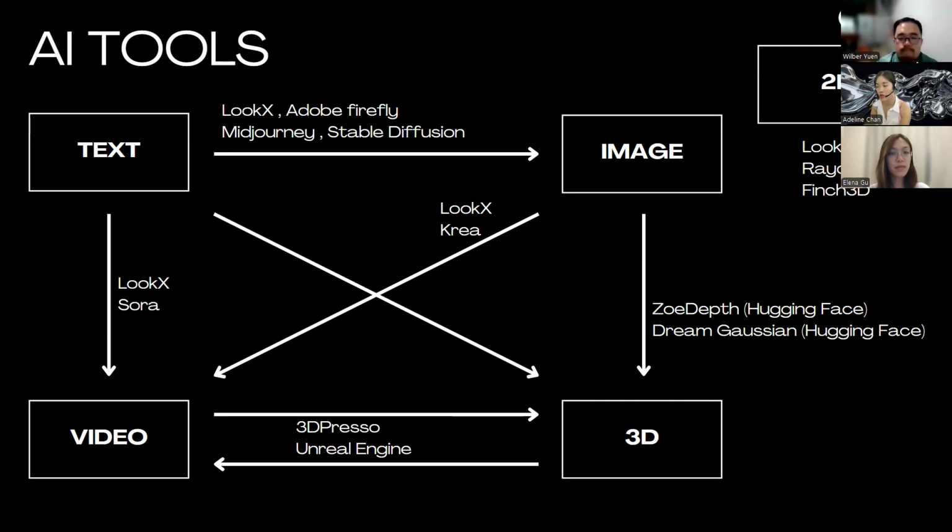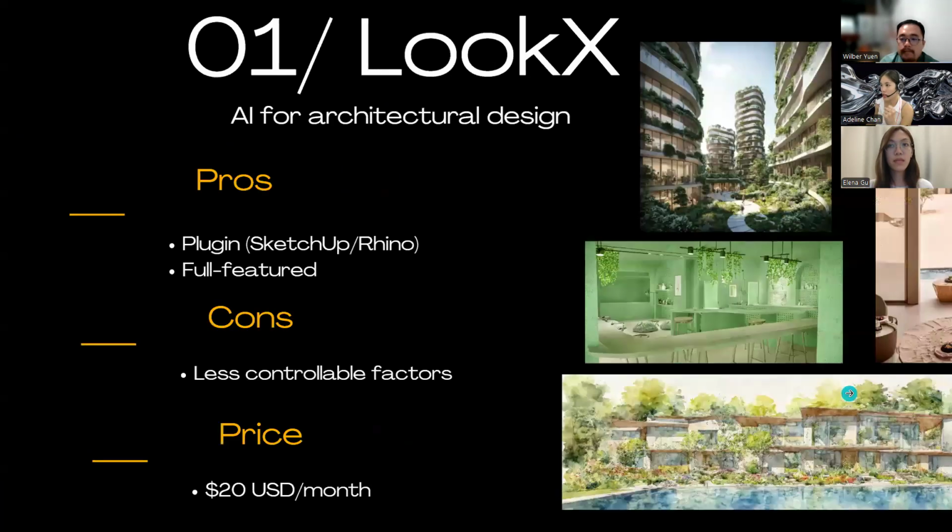We can go from text to 3D, not quite yet, but it's coming soon. And then there are a whole bunch of other things like going from image to video, and there are also many, many different applications available on Hugging Face. I'm also going to show you guys a little bit of the 2D floor plan generation, and they're actually really valuable as well, as you can imagine, to developers and it's all sorts.